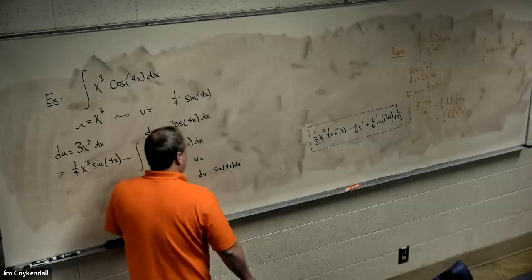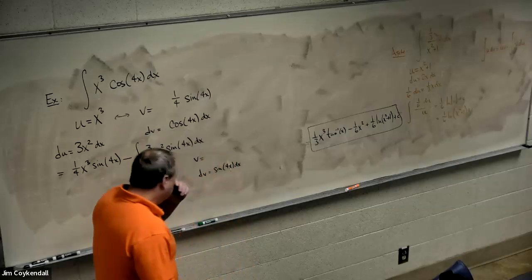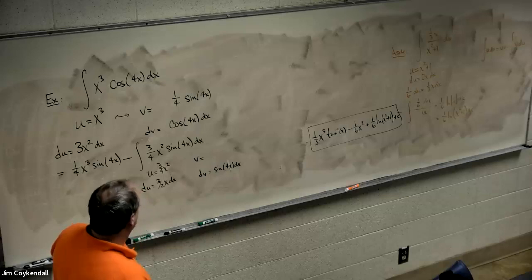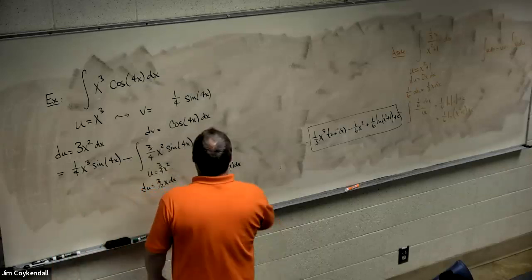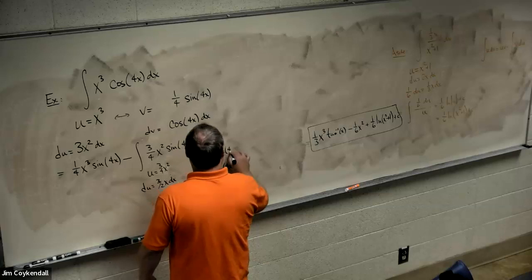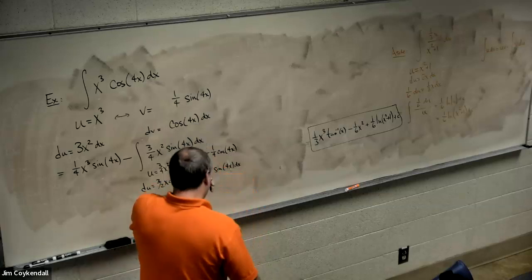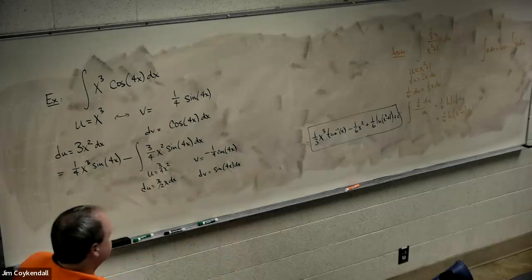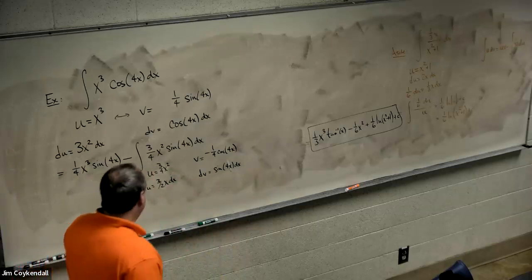And your v, your antiderivative, what's that going to be? Minus 1/4 cosine 4x. Agreed? And again, you can check yourself along.